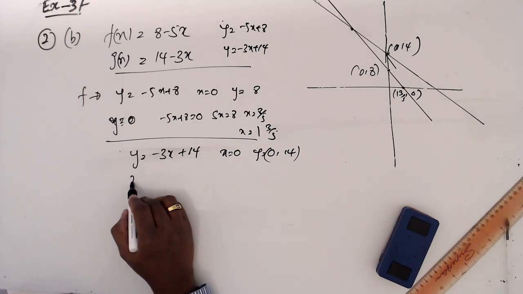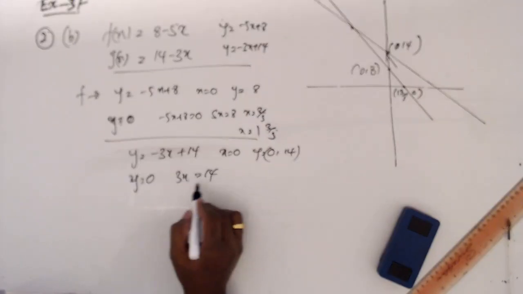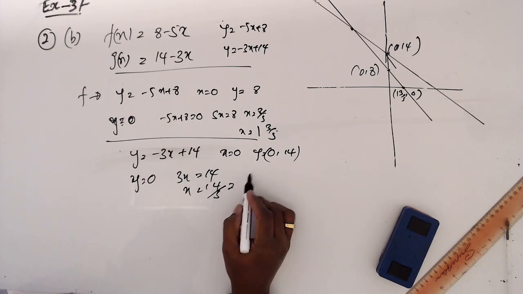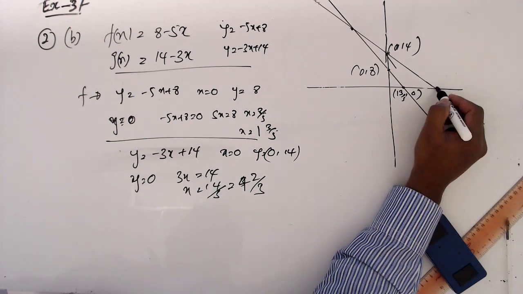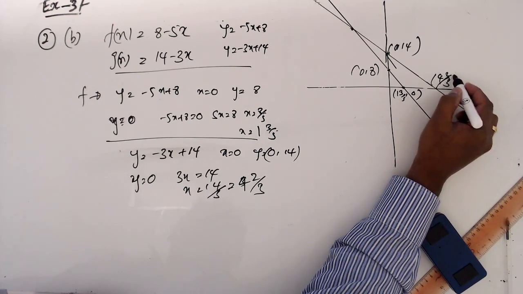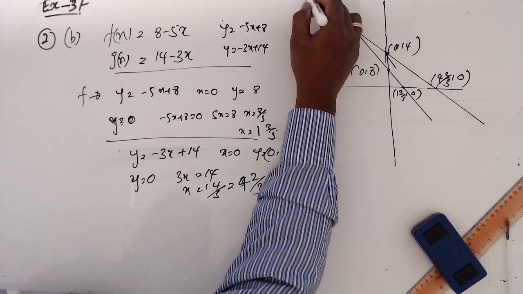And when y equals 0, 3x equals 14, x equals 14 divided by 3, which is 4 and 2 over 3, somewhere here. 4 and 2 over 3, 0. So this is going to be g(x).